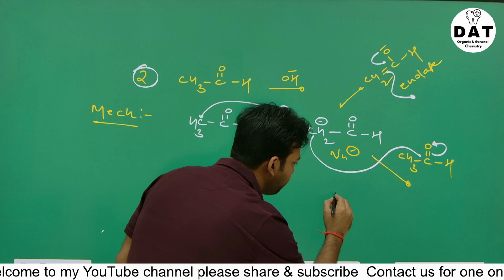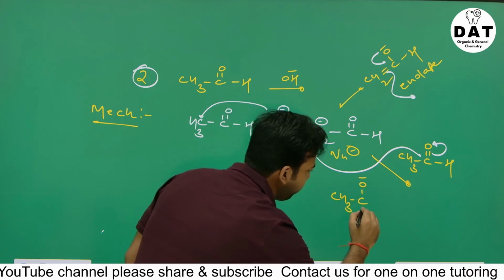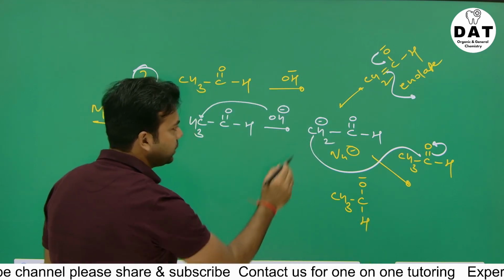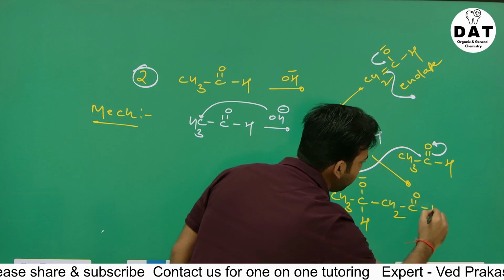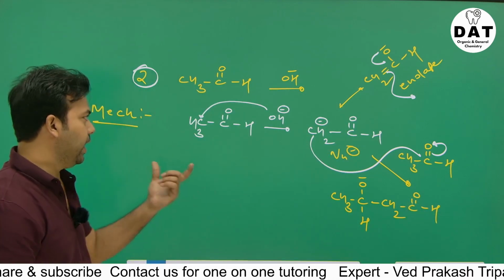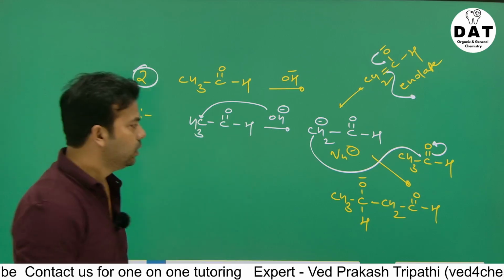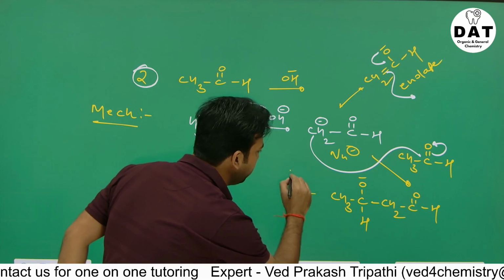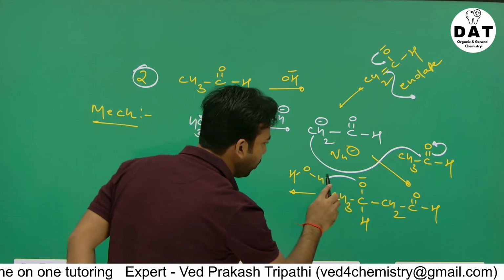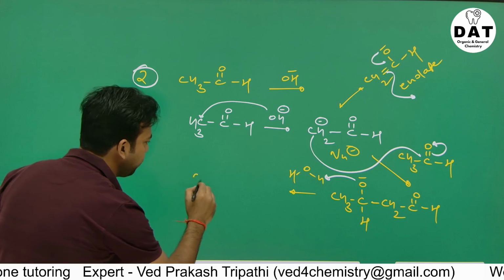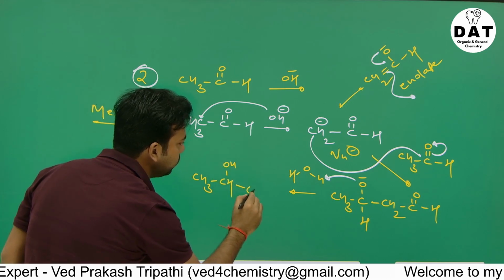Look at the product here: CH3, C-O minus, H, and now I am going to attach this part, CH2CHO. We have water as well in the reaction. Why? Because OH minus grabs this hydrogen, so it becomes water. We can use the water molecule, and this oxygen negative is going to grab this proton, so it becomes OH. So CH3 CH OH CH2 CHO.